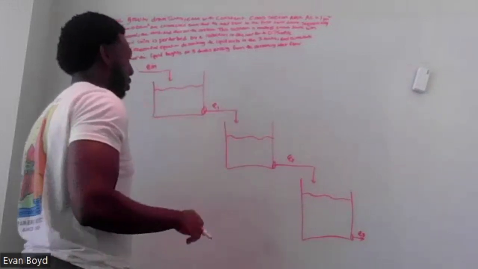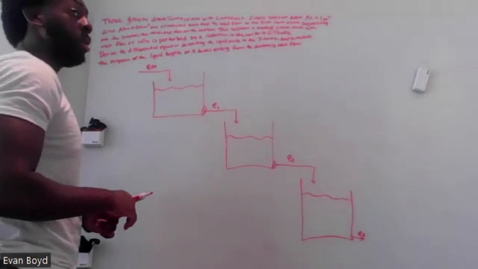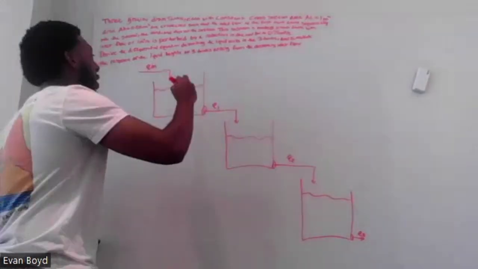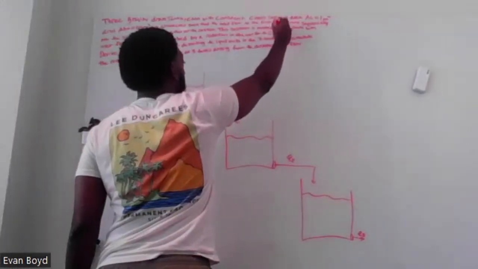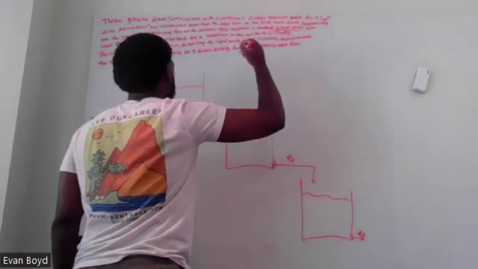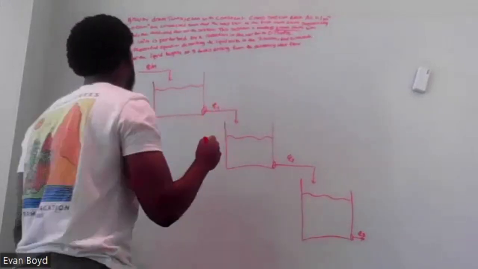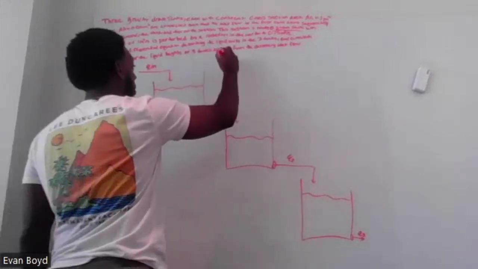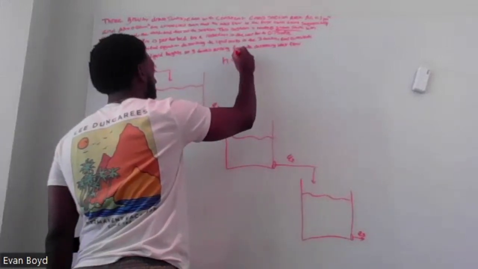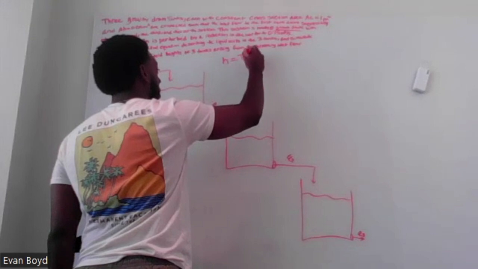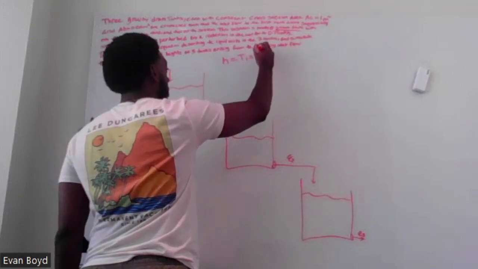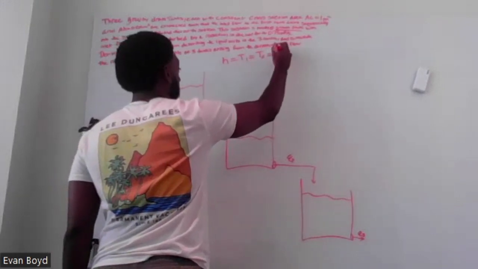We also know that the system was in a steady state, so we can assume that the heights of all tanks are equal. They start off equal, at least.